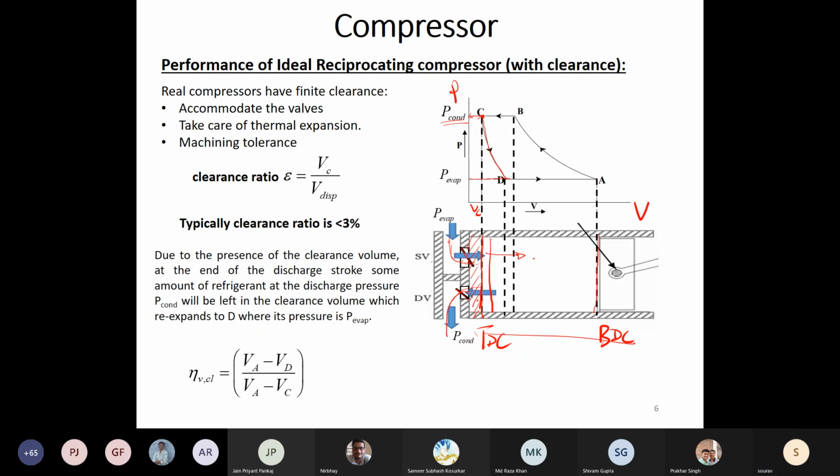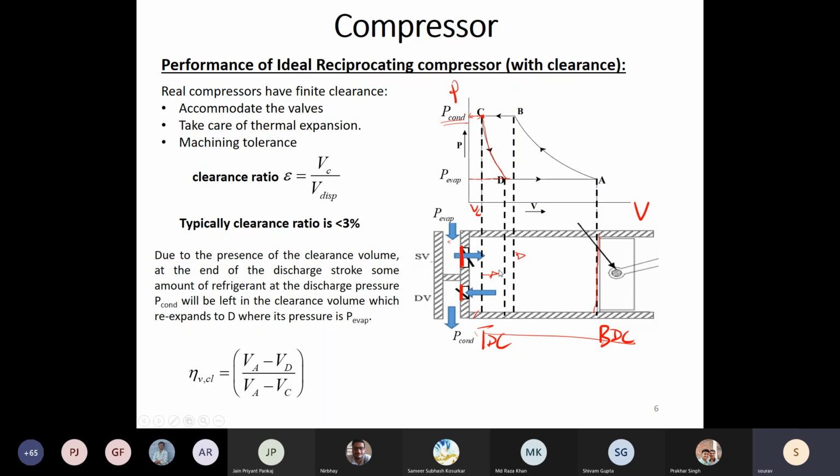Now any further reduction in pressure inside the cylinder will open this suction valve. So at the end of the discharge phase, this is your condition of the valve. Both the valves are right now closed and your piston is moving right.